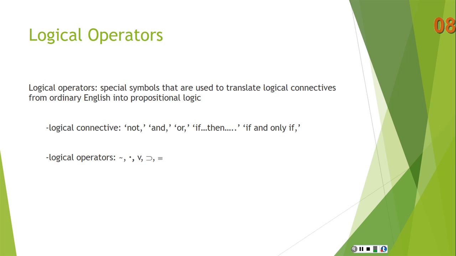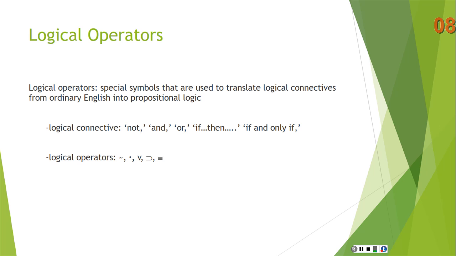As I said, logical operators are special symbols that are used to translate logical connectives from ordinary English into propositional logic. So a logical connective would be something like not, and, or, if then, and if and only if. Logical operators would be tilde, dot, wedge, horseshoe, biconditional.